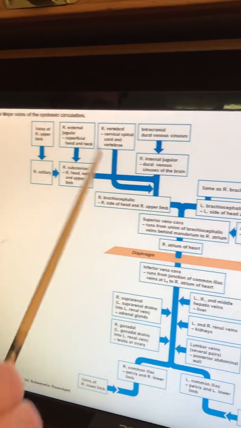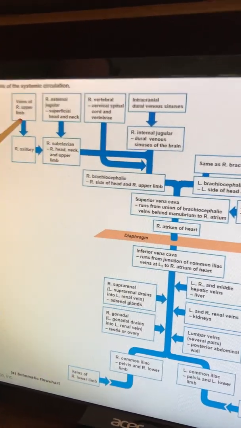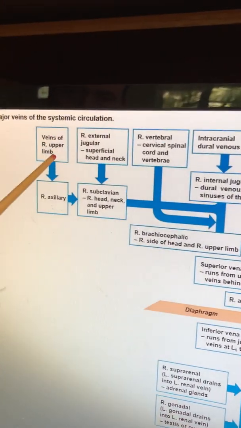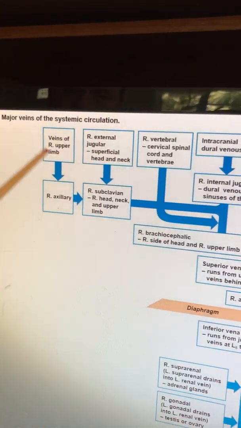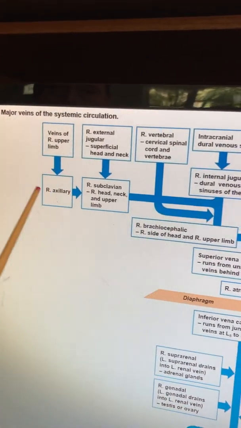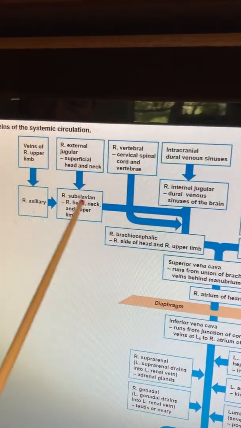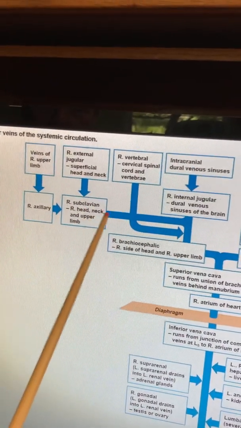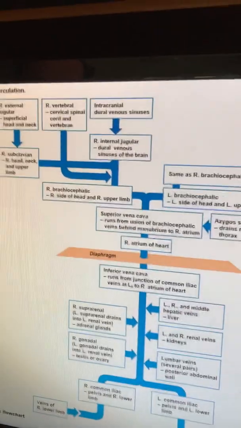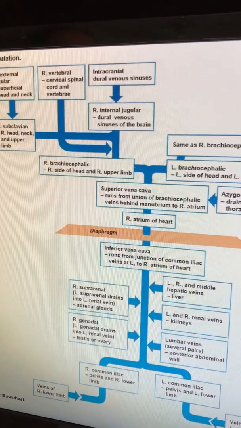So if I take any one of these and you follow the arrow, it's going from the veins of the upper limb, which would be the radial vein or the ulnar vein, which would go into the brachial vein, which would then go into the axillary vein, which would go into the right subclavian vein, and then it would go into one of the vessels that will go into the right atrium, called the superior vena cava.